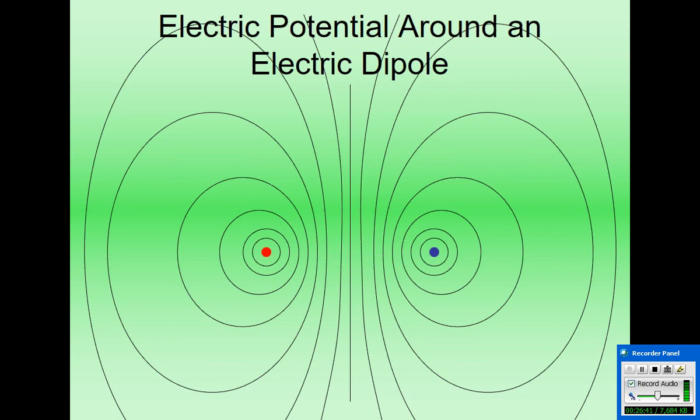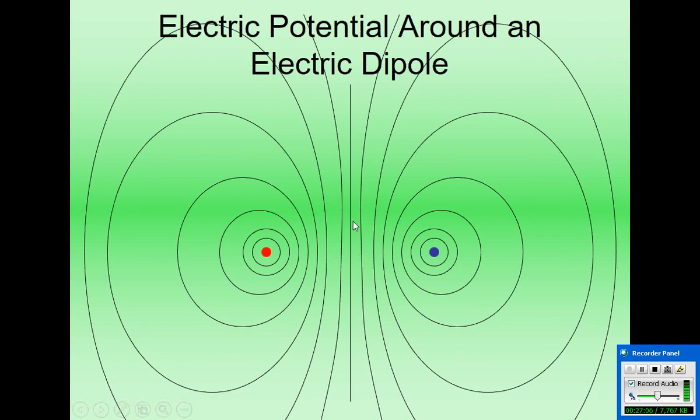If the red spot represents the top of the mountain peak and the blue spot represents the bottom of the undersea valley, then each curve that you see, each closed loop that you see, represents a path along which the voltage does not change. You will see exactly midway between them a vertical line.